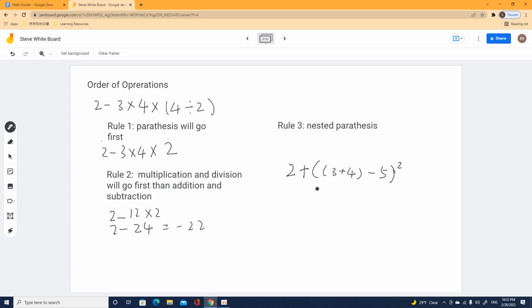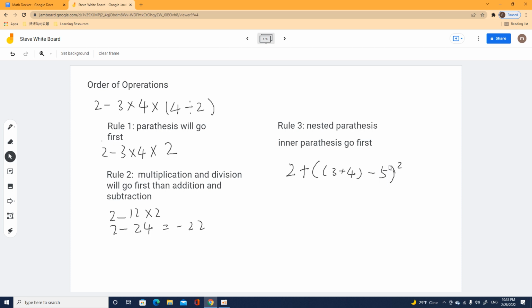In that kind of scenario, we should calculate the inner parentheses first.